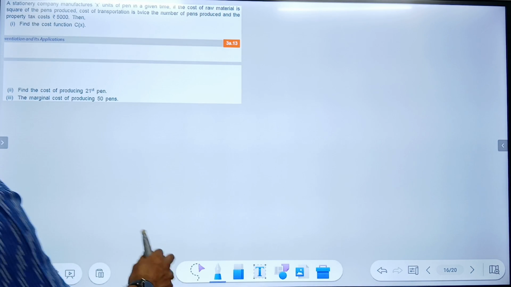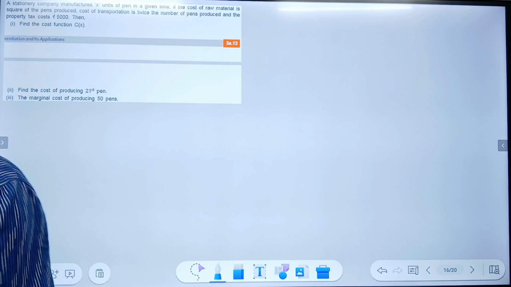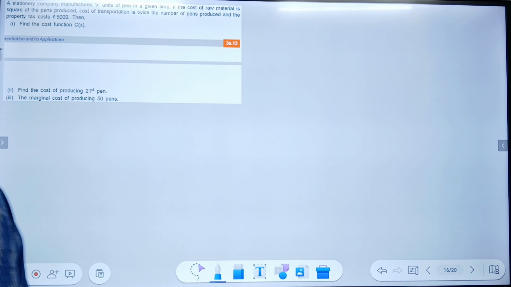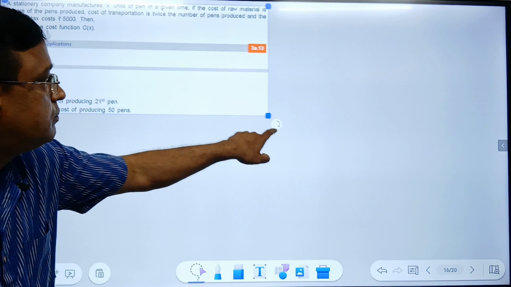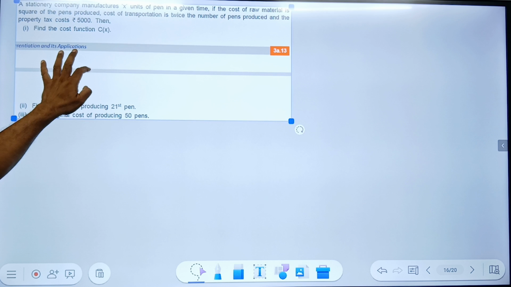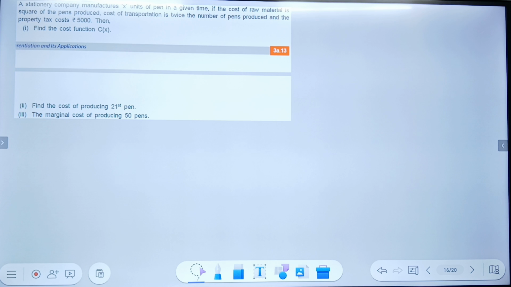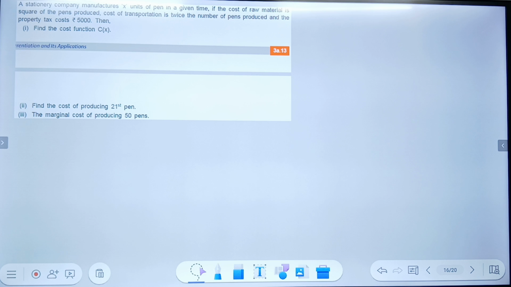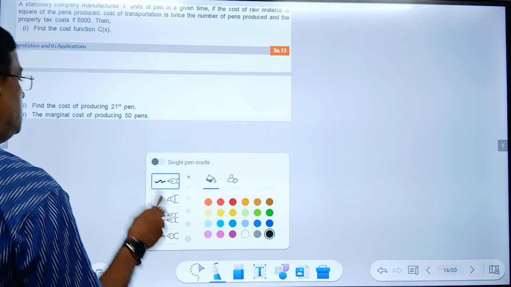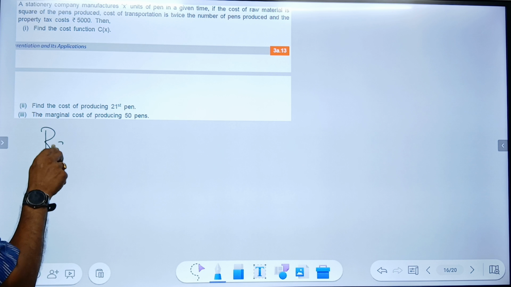Now this is actually straight from the applied maths book. I thought I'll share this problem, so it will be useful for both the students. A stationery company manufactures x units of pens in a given time. If the cost of raw material, so what is the raw material cost?